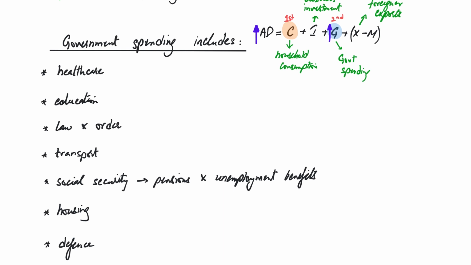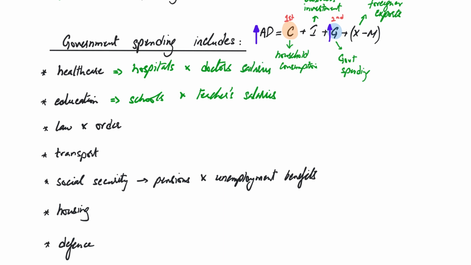So we can give examples of these. When you say healthcare, you can talk about hospitals and doctors. Under education you can talk about running of schools and teachers' salaries, doctor salaries. Under law and order obviously you have the police.